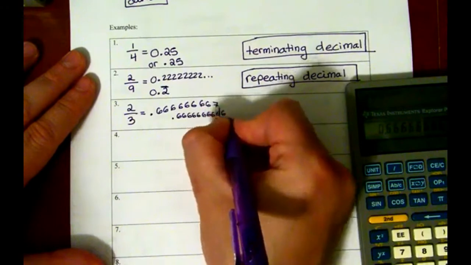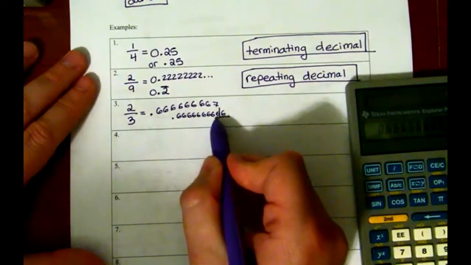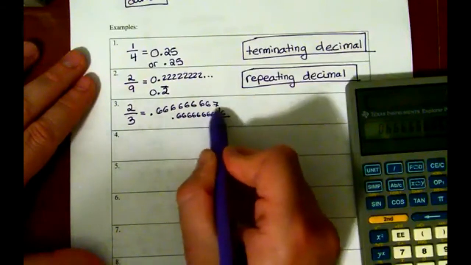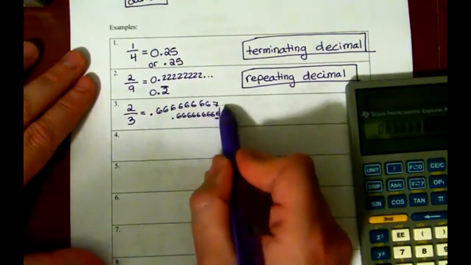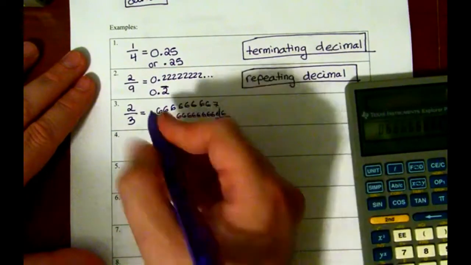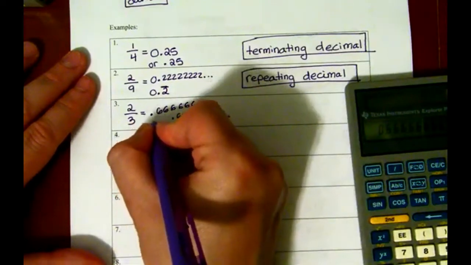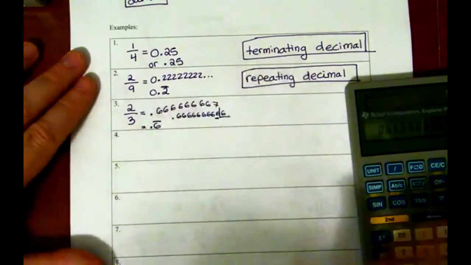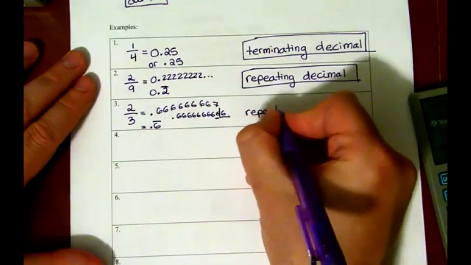If we do some rounding, this 6 over here tells me this 6 gets rounded up to a 7. That's why it's saying 7. I don't really have a 7 there. I really have a 6 and then another 6 and then another 6. It keeps going on forever. Ignore the 7. We are going to write this as 0.6 repeating with my repeating bar over there. And I'm going to call this a repeating decimal.